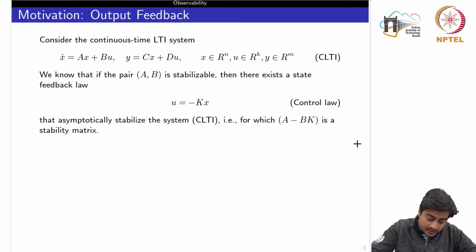Okay, so let's say a continuous time LTI system is given by A, B, C, D matrices, where x is n dimensional, u is k dimensional, and y is m dimensional.